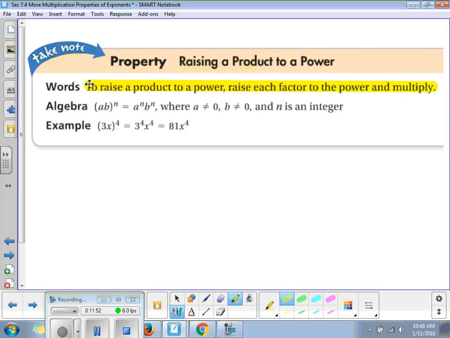So here we have a times b raised to the nth power. We're going to have a to the nth times b to the nth. So the exponent gets applied to everything inside the parentheses. So over here, 3x raised to the 4th power, that's going to be 3 to the 4th, x to the 4th. And then when you simplify, 3 to the 4th is 81, and then we have x to the 4th.